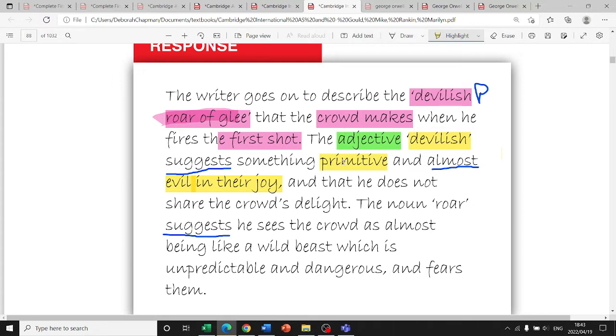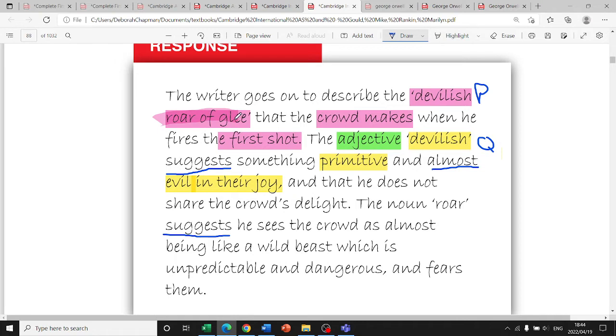So the adjective suggests something like a primitive and almost evil in their joy. So there's my point. These are my quotes.